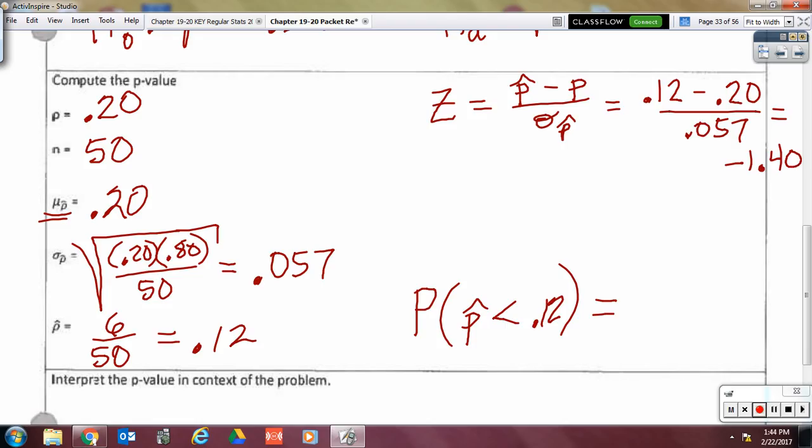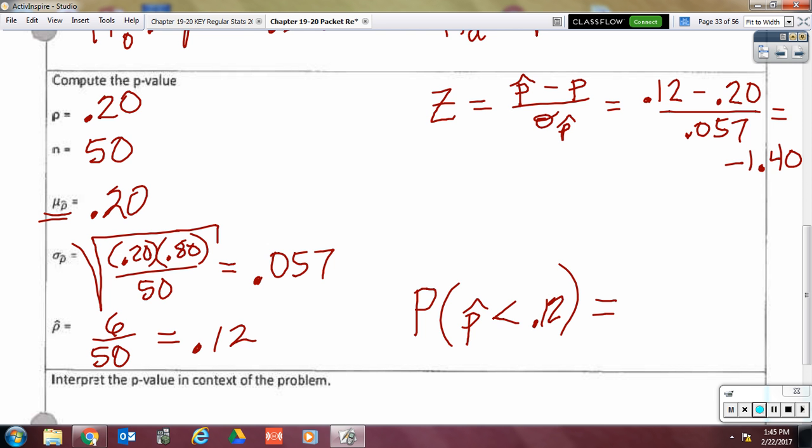It didn't have anything behind it to round it. Okay? What do you have to say about that? Is that very unusual? How do you know? Is it more than 2 standard deviations below the mean? No, it's not. So it's not, in my mind, too unusually low.